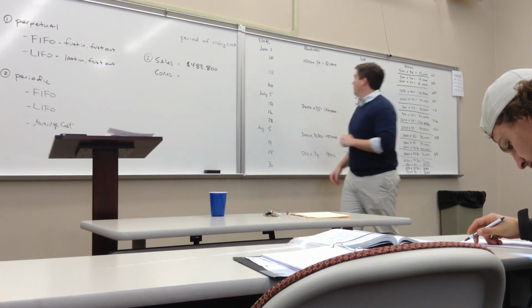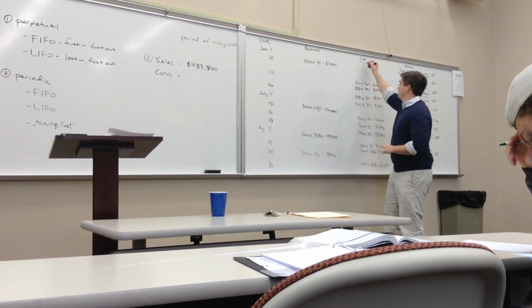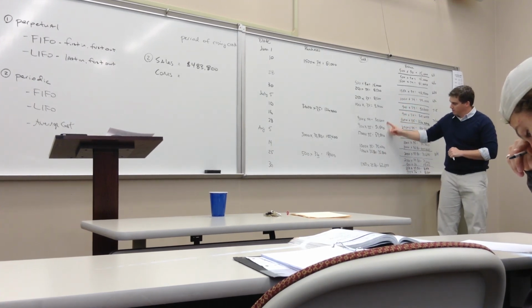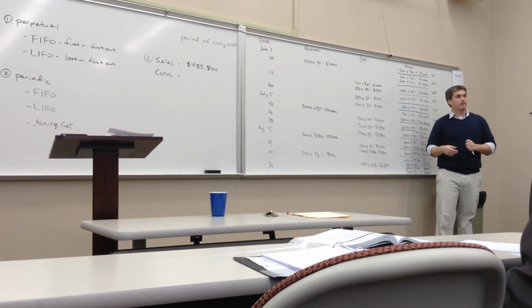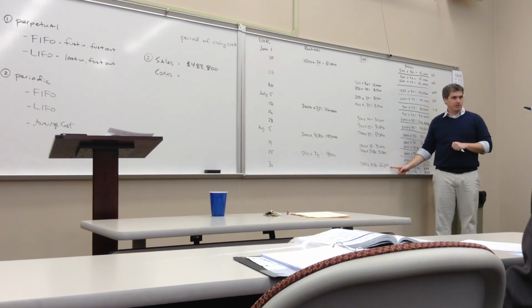So where I'm going to get this number is I've got to look at my sold column. Here's our little list of everything we sold. So to get the cost of merchandise sold, I got to go right down there and add up those numbers right there.